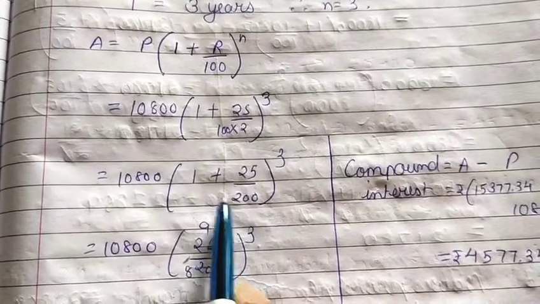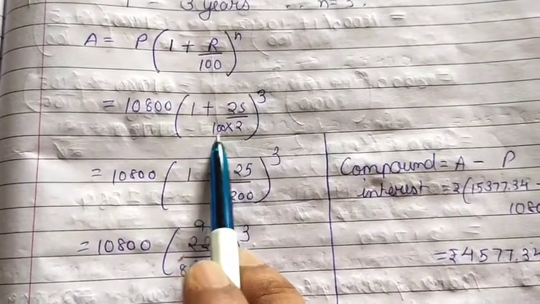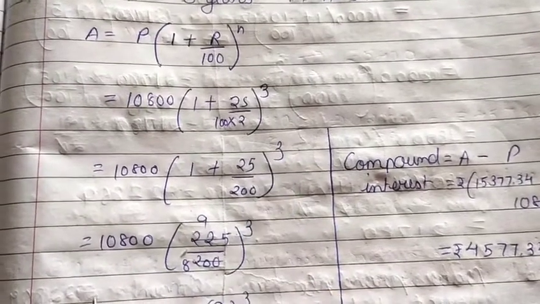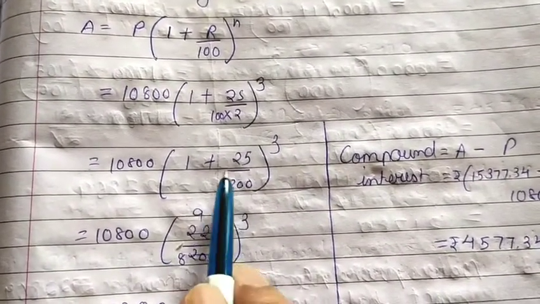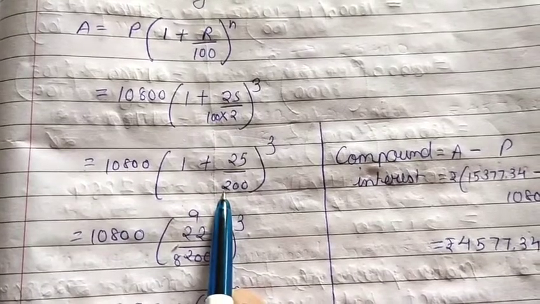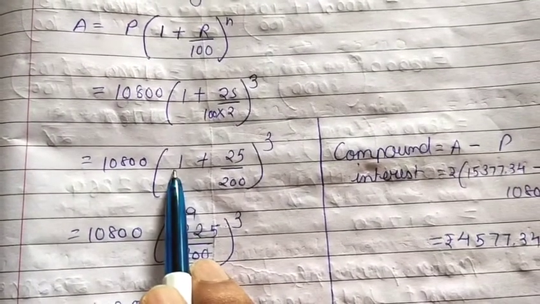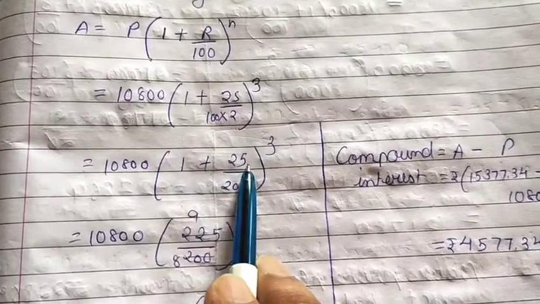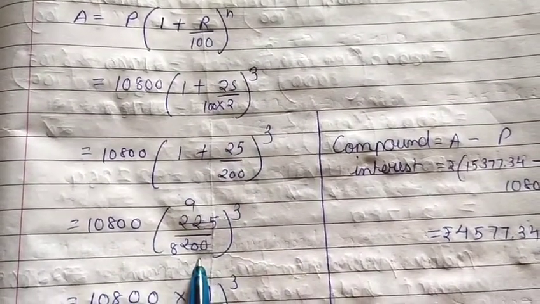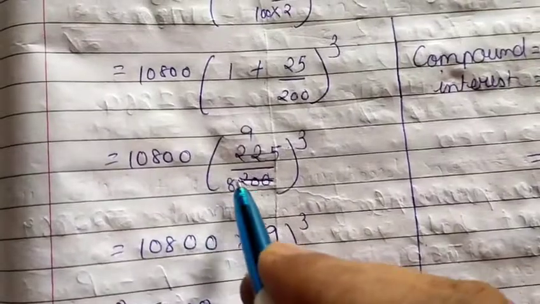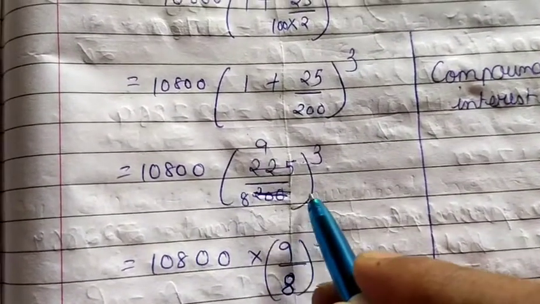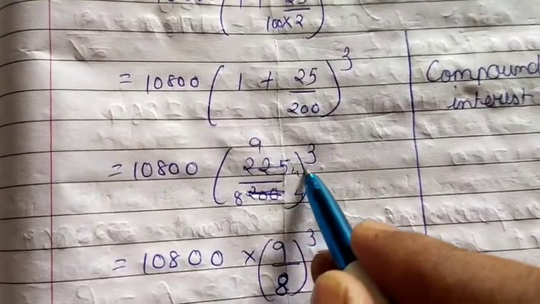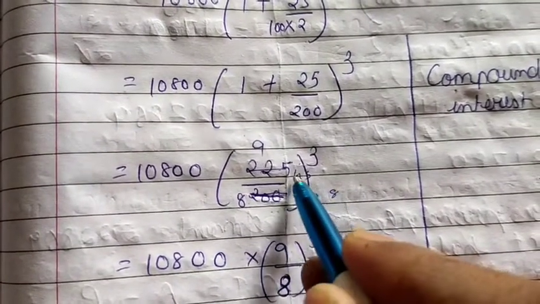Now 10,800 as it is. Now 1 plus, 100 2s are 200, that is 25 upon 200, to the whole 3, then 10,800. Now 200 into 1 is 200 only, as the LCM, and we get 200 plus 25 gives 225 upon 200 to the whole 3. Cancelling, 5 40s are 200, 5 45s are 225, then 5 8s are 40, 5 9s are 45.